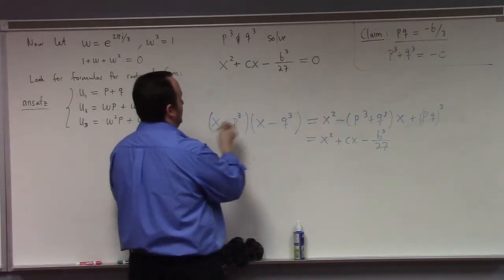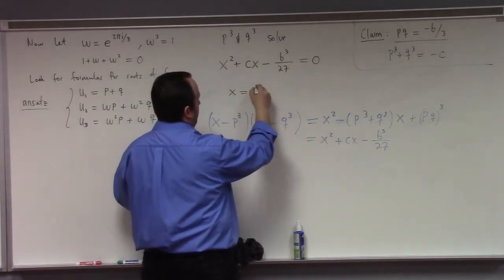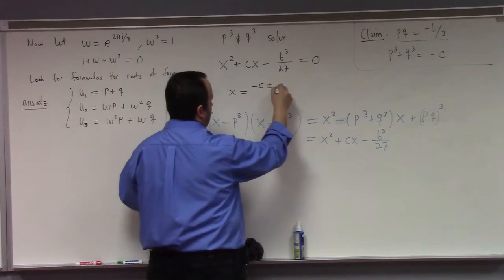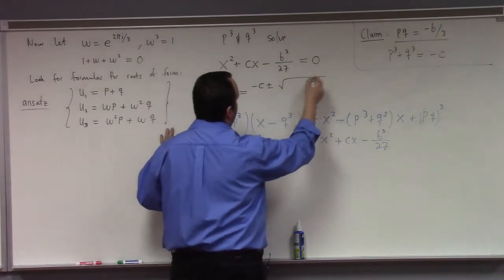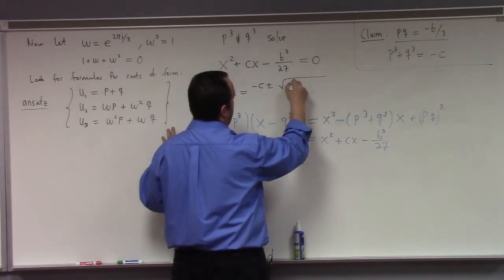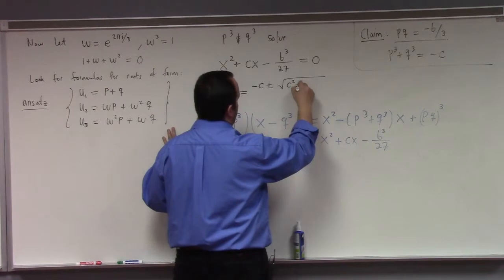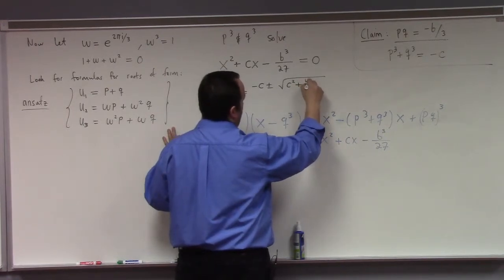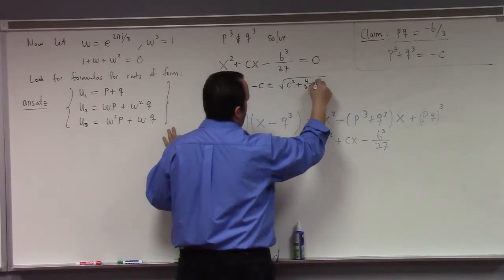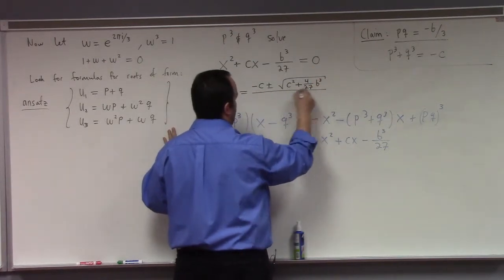So we say, okay, so x is equal to what? Minus c plus or minus the square root of what? C squared plus, I suppose, 4 27ths b cubed, divided by 2.